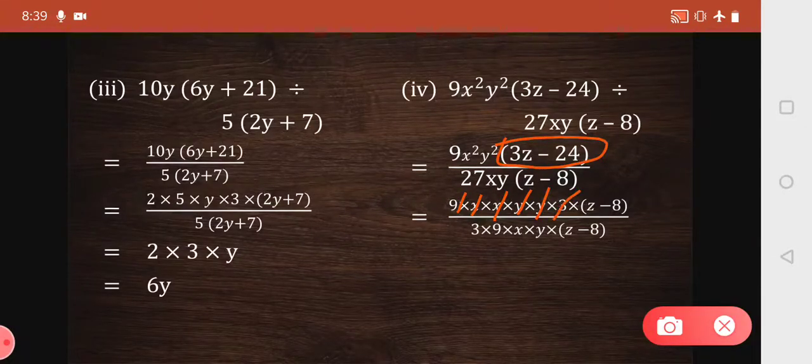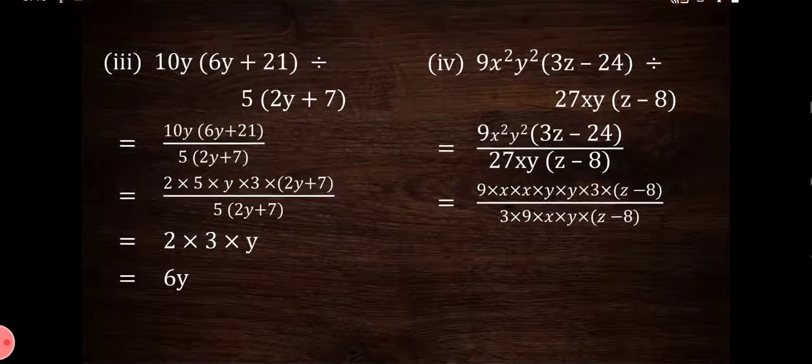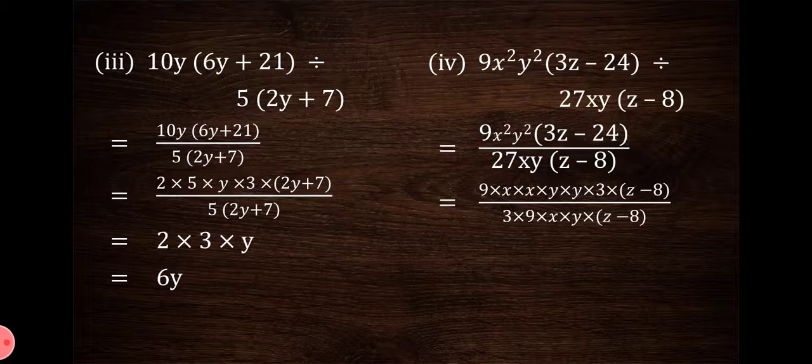After taking out 3 common from the bracket, we get 3z, minus sign as it is, and from 24 if we take out 3 common, 3 8s are 24, so we will be left with 8. So as the numerator we will get 9 into x into x into y into 3 into z minus 8.